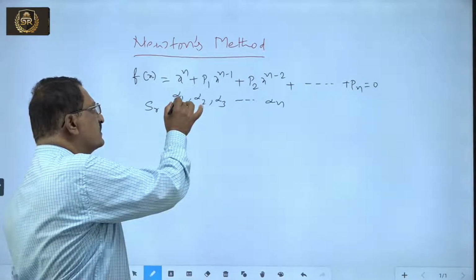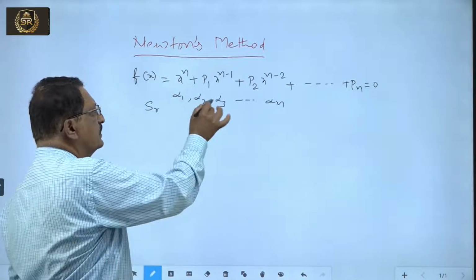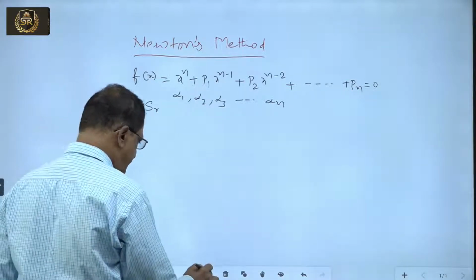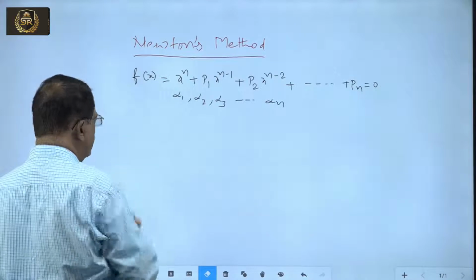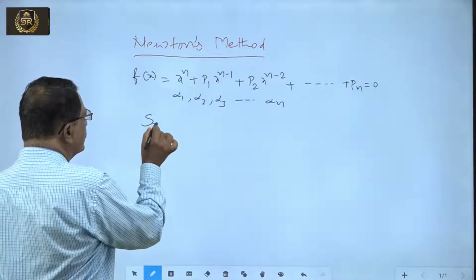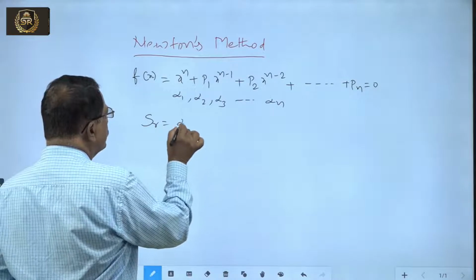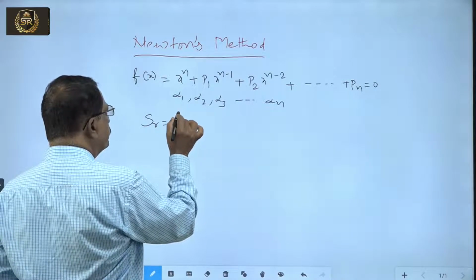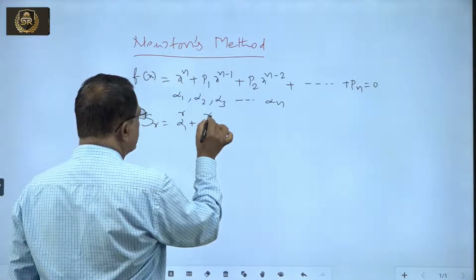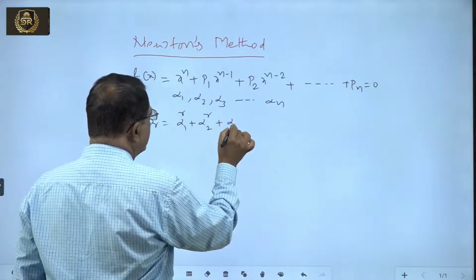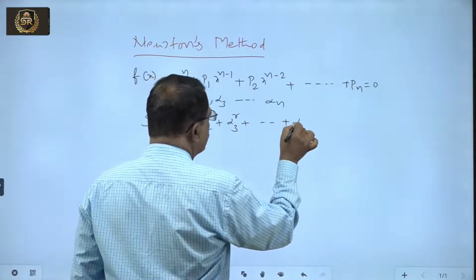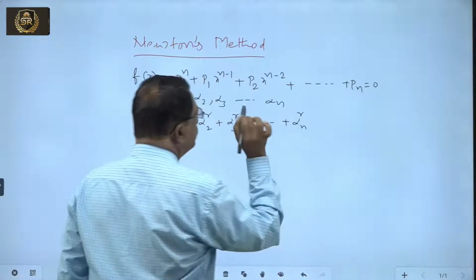Now, here Sr equals alpha 1 to the power of r plus alpha 2 to the power of r plus alpha 3 to the power of r plus up to so on alpha n to the power of r.